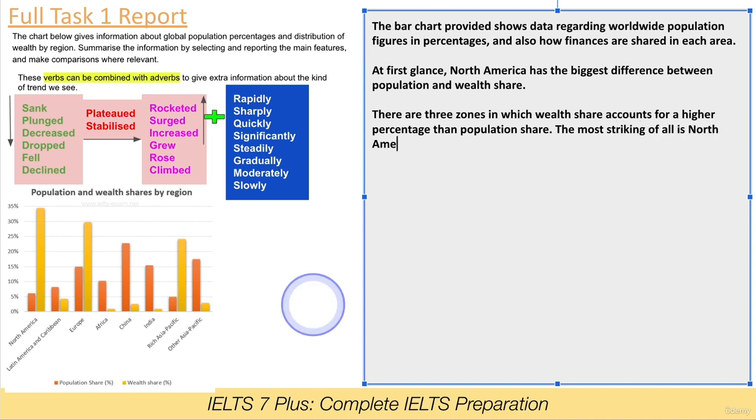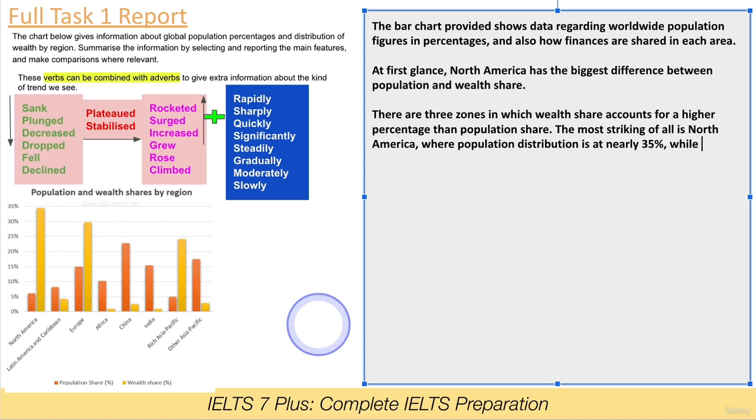North America, where wealth share, oh, we've got increments of 5 here. Maybe, is it nearly 35%?